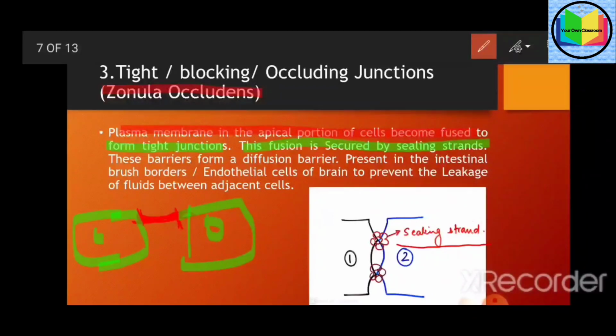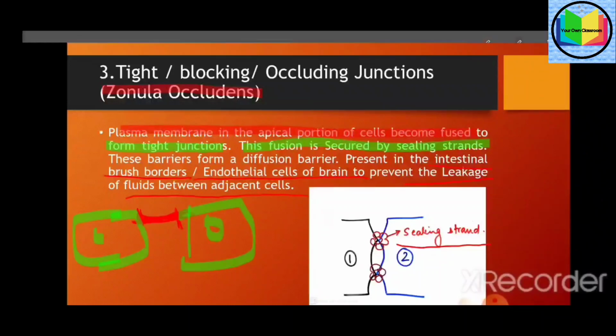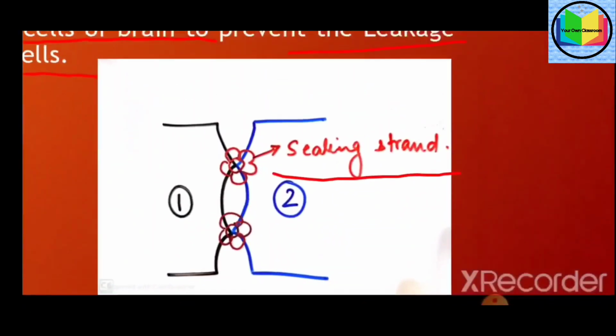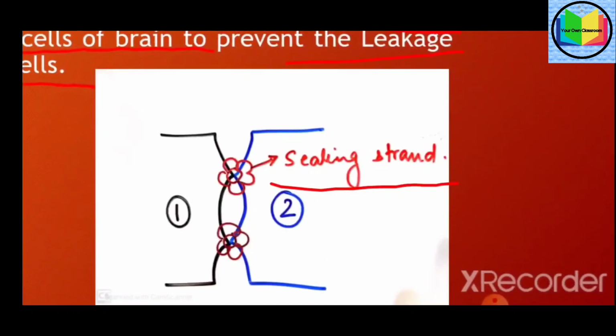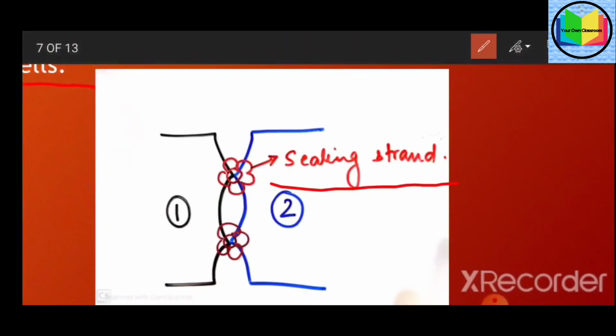It is present in the intestinal brush border epithelium and the endothelium of the brain to prevent the leakage of fluid between the adjacent cells. So let's have a look at this diagram. As you can see, the two membranes have fused at a site here, and this fusion is secured by sealing strands.